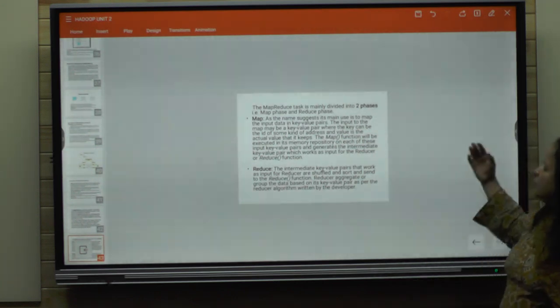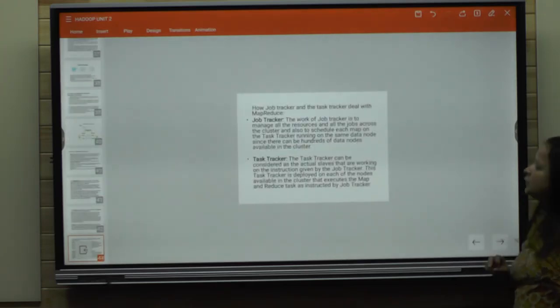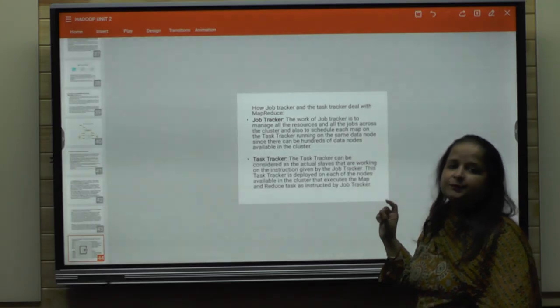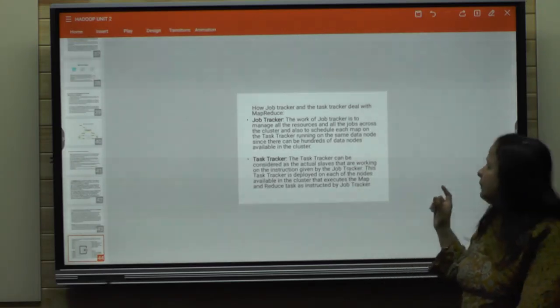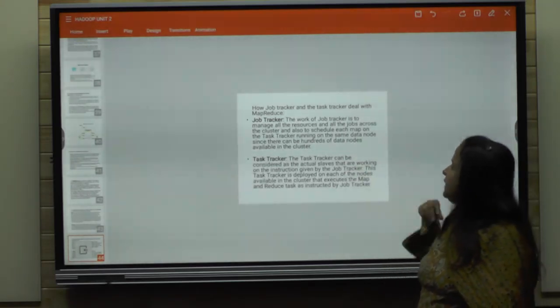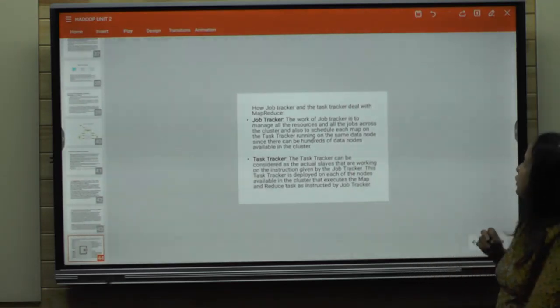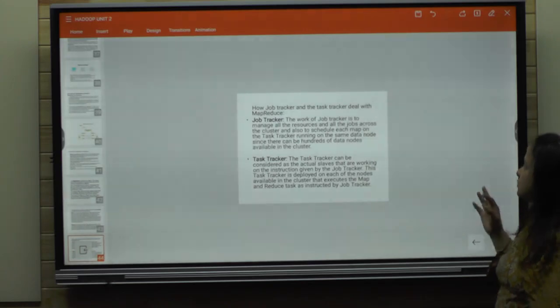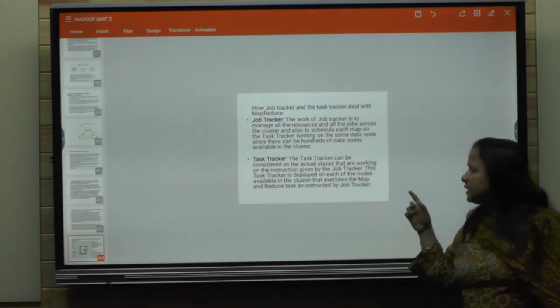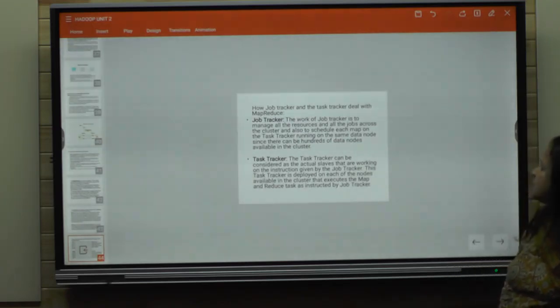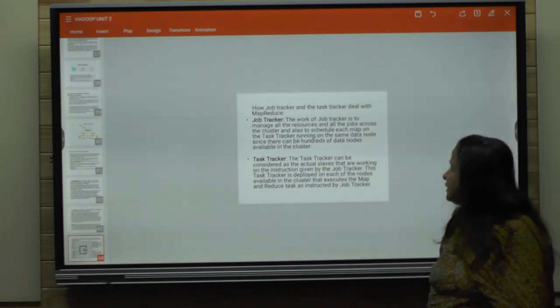So map and reduce we have studied earlier also, then two new terms come into the picture, that is in the MapReduce framework, job tracker and task tracker. What is job tracker? The work of job tracker is to manage all the resources and all the jobs across the cluster, and also to schedule each map on the task tracker running on the same data node, since there can be 100 data nodes available in the cluster.